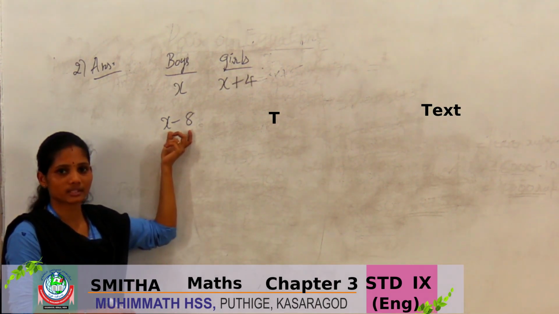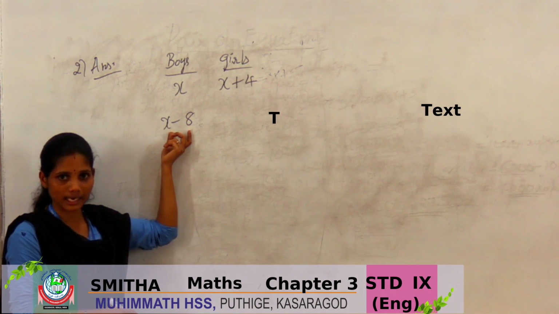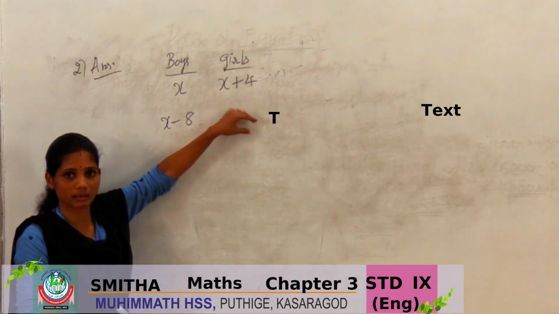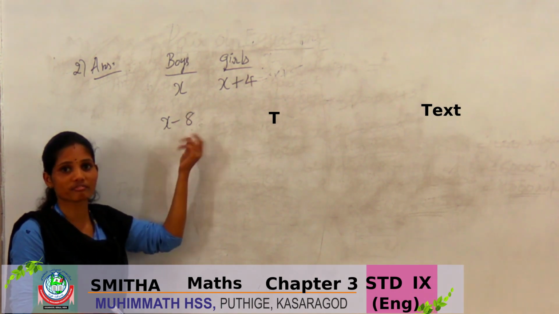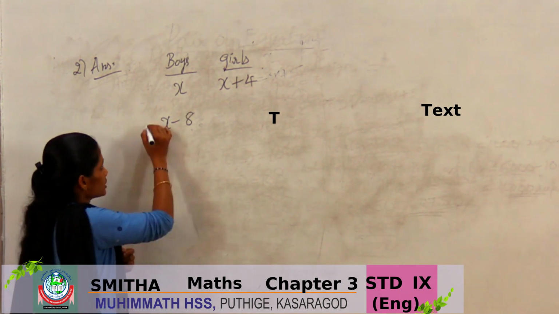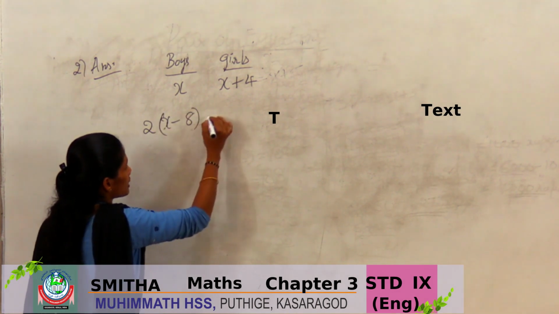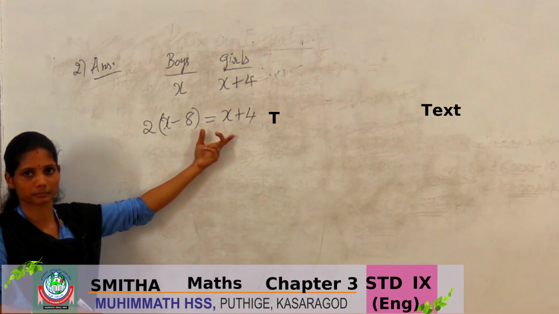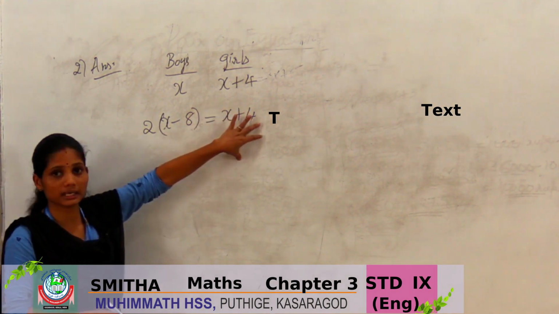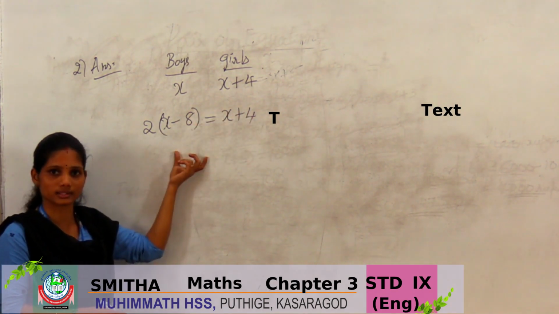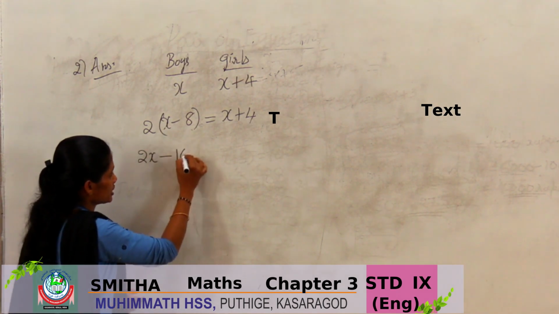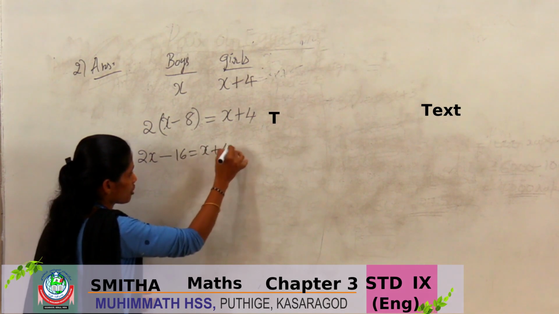One day 8 boys were absent, so it becomes x minus 8. On that day, the number of girls becomes twice the number of boys. It means 2 times the boys' number is equal to the girls' number. The girls were double in number than the boys. So simplification, 2x minus 16 is equal to x plus 4.